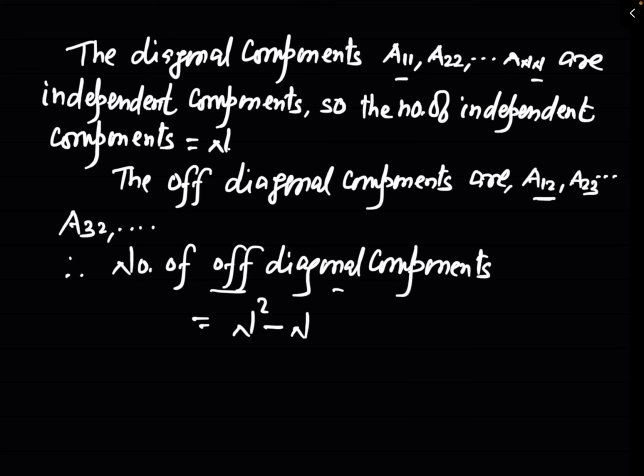But as you know, in case of off-diagonal components, the two indices are unequal, not same. But our tensor is symmetric. So when you interchange the subscripts of any component, the value will remain the same. That is not different because the tensor is symmetric.